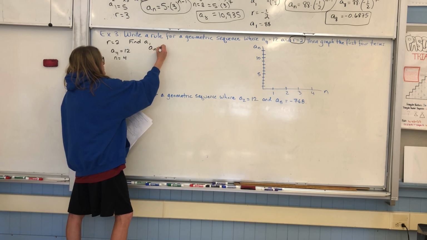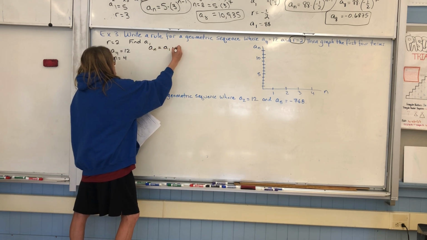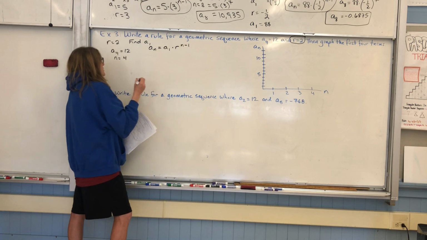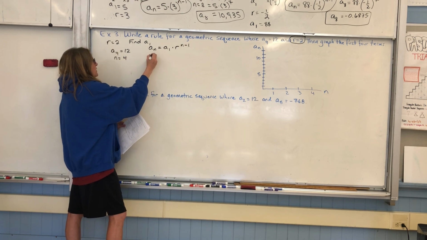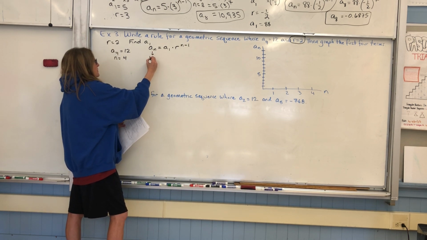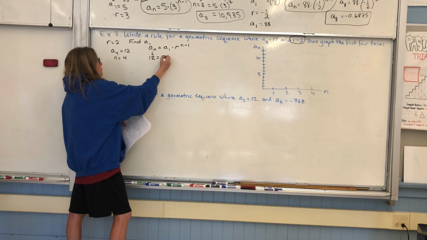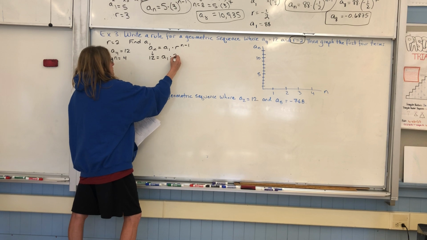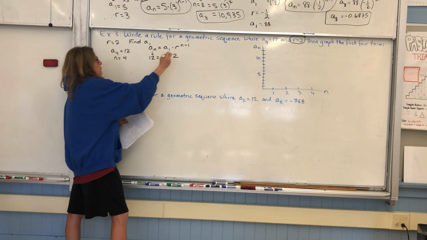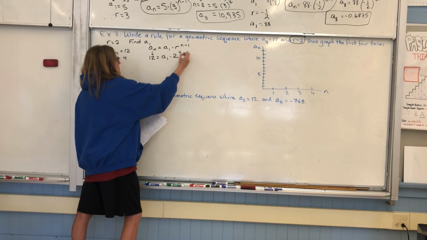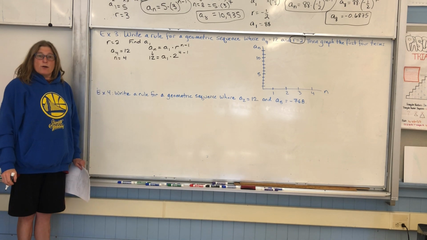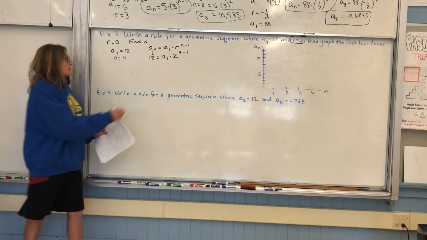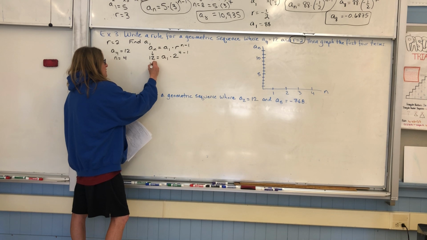I'm just going to write the formula again. We know A4 is 12, so let's put 12 right here. A1 is what we don't know. We know R is 2. And we know n is 4. So now our only unknown is A1. So now we just need to solve.